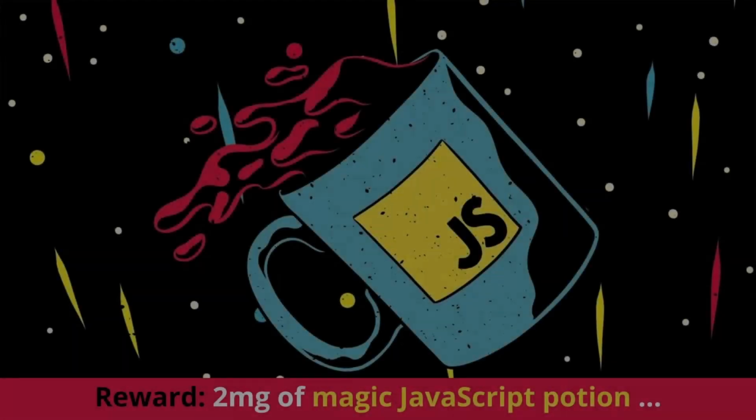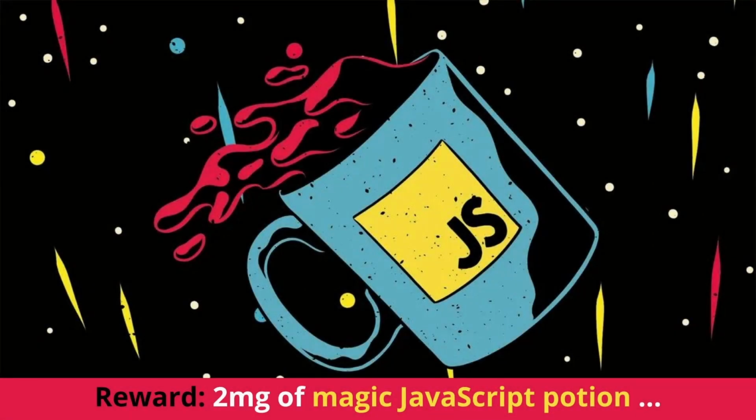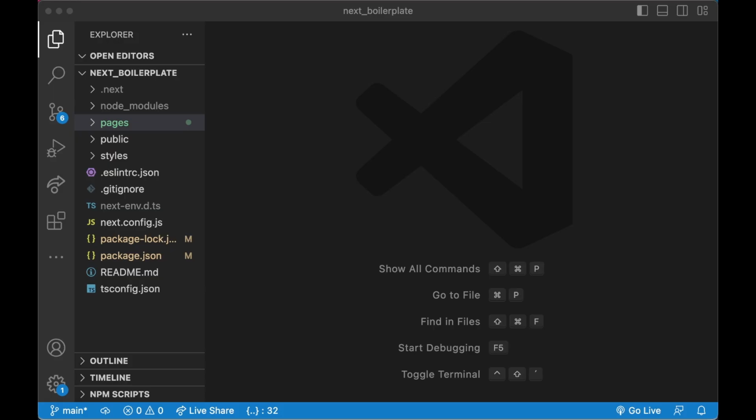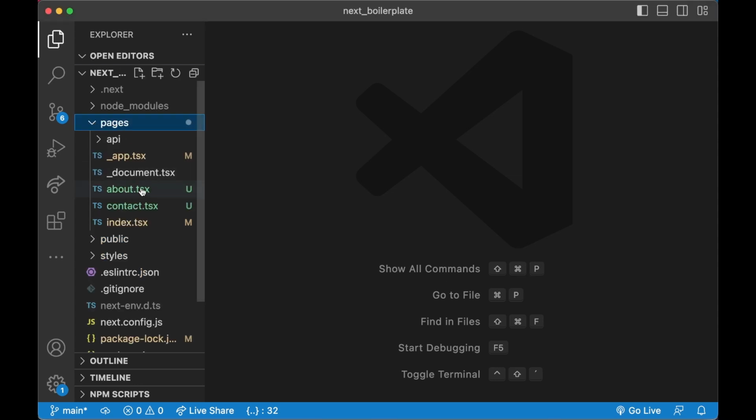Next, we'll see how to create nested pages inside folders. Okay, so we have our pages, contact and about, but what if we want to somehow divide the content of our website like into categories?